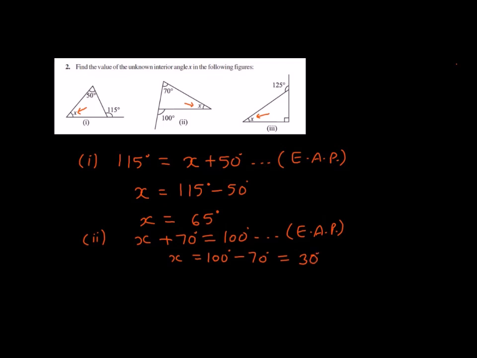And in the same way we can solve its third part. In the third part we have this angle X and this angle 90 degree. The sum of these two angles will be equal to the exterior angle, which is 125 degrees. So here X will be 125 degree minus 90 degree. So your answer is 35 degree here.